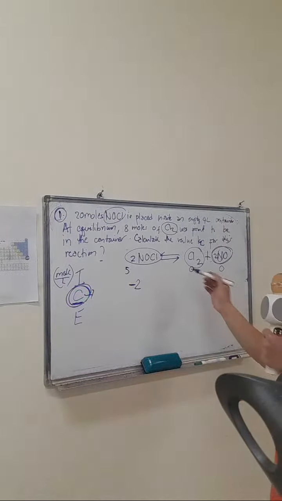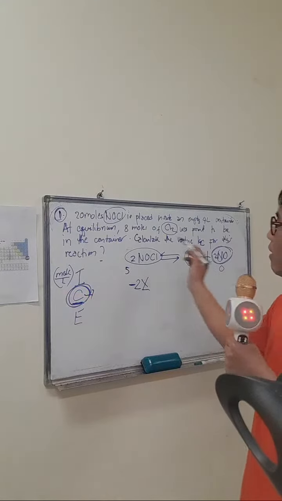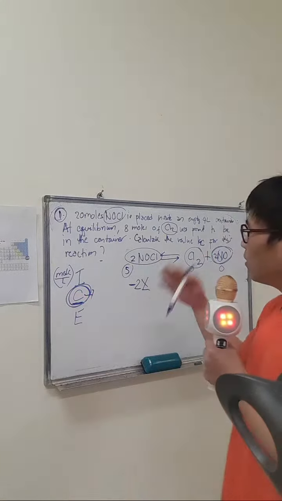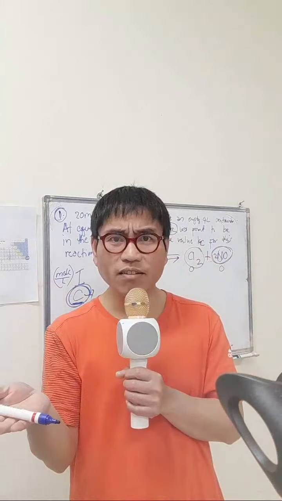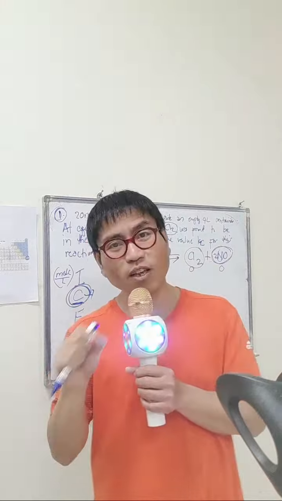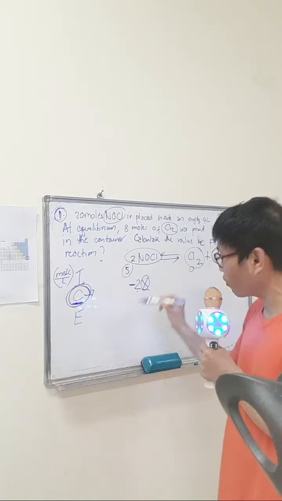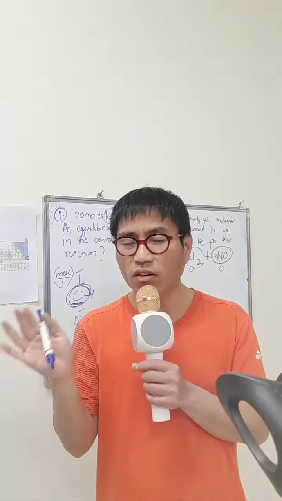So this is minus 2X. This X is not the 5, because this 5 is initial. It will be subtracted with this minus 2X, in which this X concentration, you don't know. You get the point?